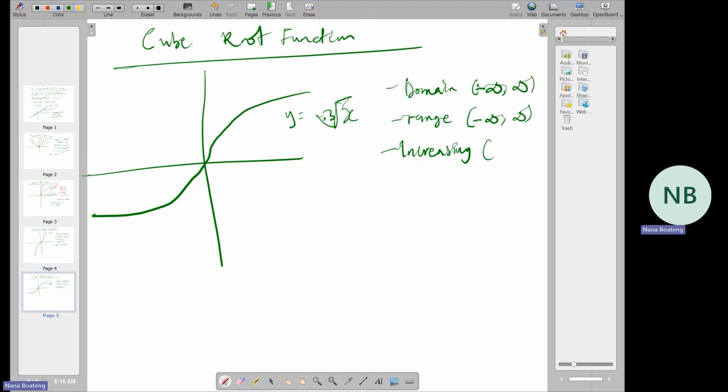It's increasing from minus infinity to positive infinity, and it's also an odd function.